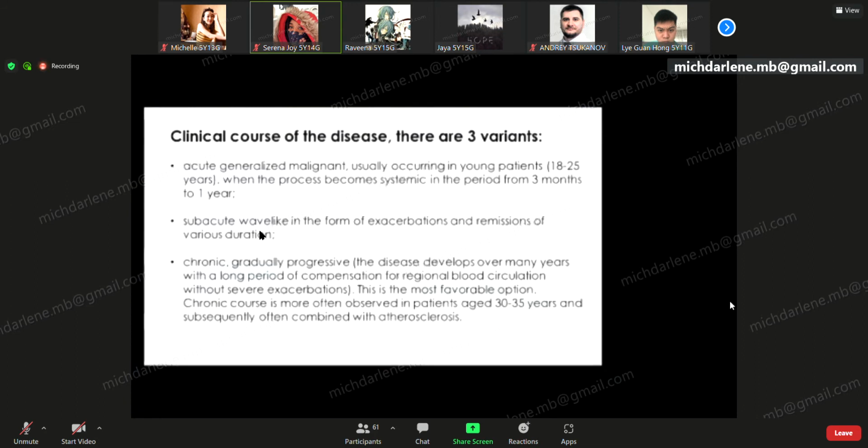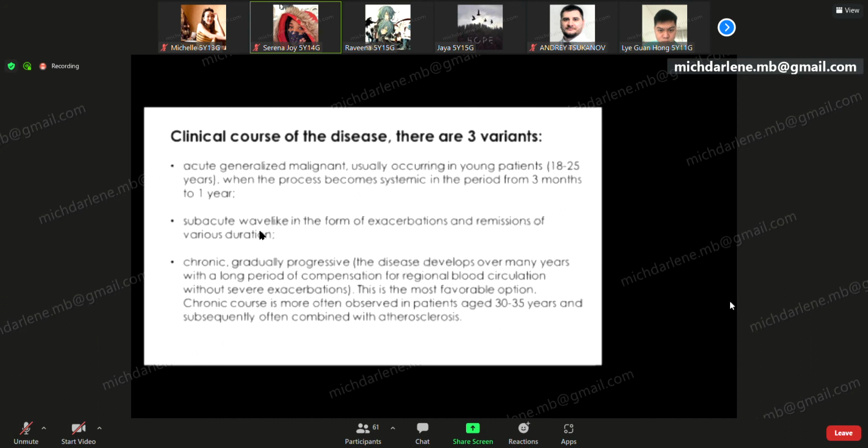Clinical course of the disease. There are 3 variants: acute, subacute, and chronic. The acute variant is malignant, usually occurring in young patients from 18 to 25 years, when the process becomes systemic in the period from 3 months to 1 year.